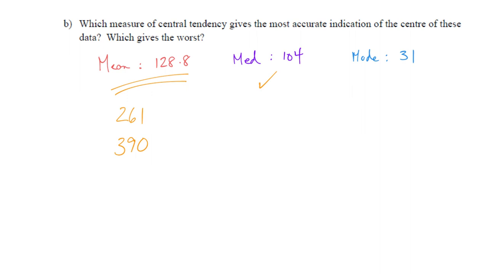If you take a quick peek and scan your way down all of those, that mean of 128.8 would put, if there was a province that had that, as fourth highest. And I think you could have a pretty valid argument for then that's not really the most accurate indicator of the center of that data.